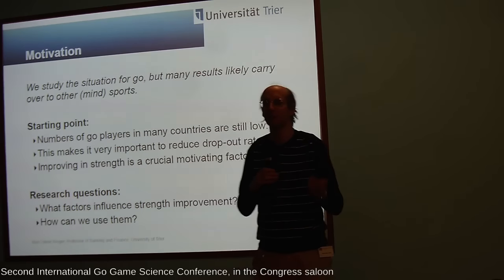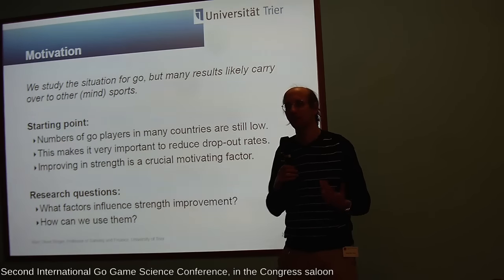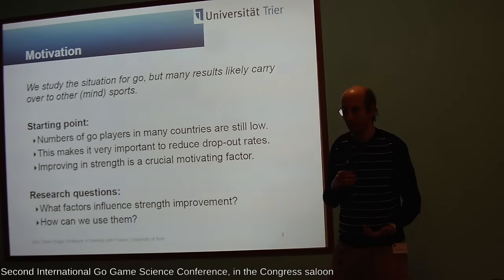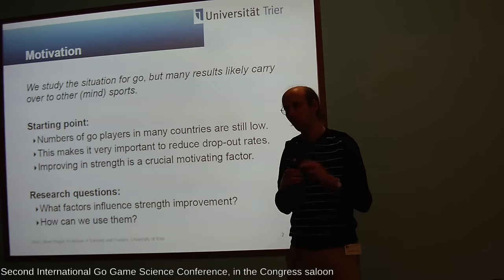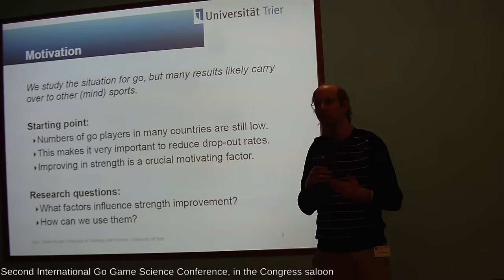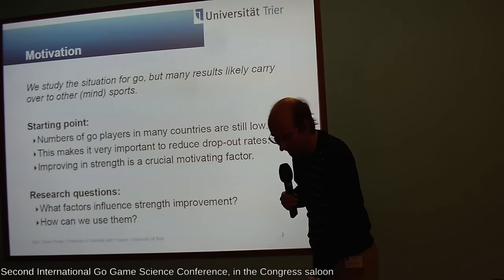Everybody could do that. But actually we wanted to check with real data whether it happens. So what works in real life? And once we know that, can we maybe find ways to help, to set up some system that helps improve the factors that improve strength?